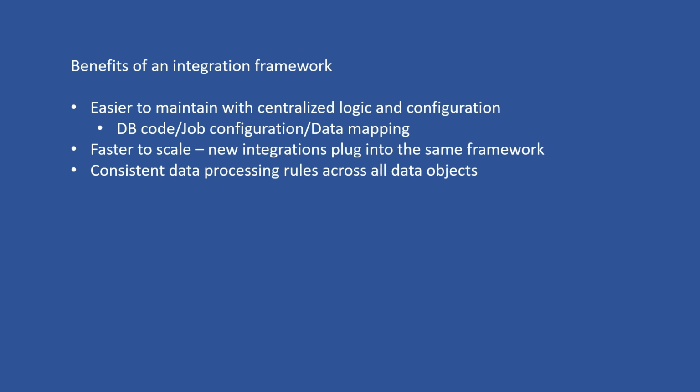So normally we need to involve the database. This is about database programming, and we also need to do the configurations for different jobs. And when it comes to the data mapping, FBDI CSV files sometimes can have up to 200 columns. This is a wide range, even if many of them are not used or empty.